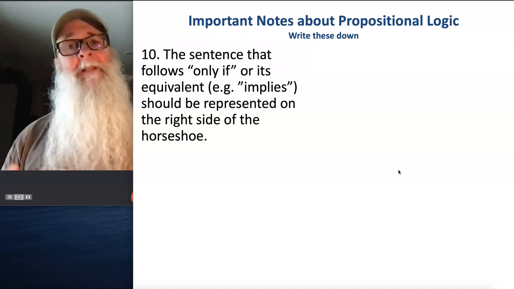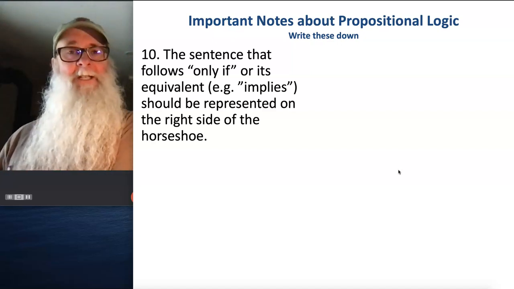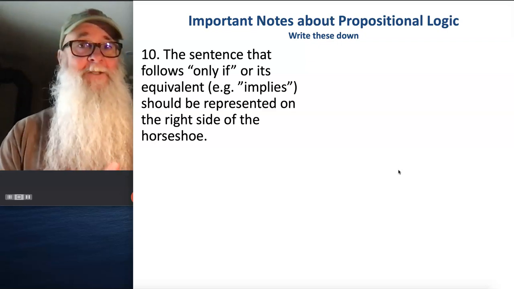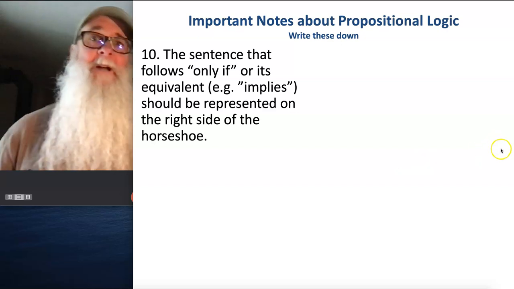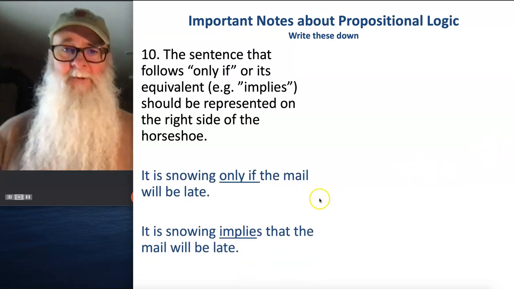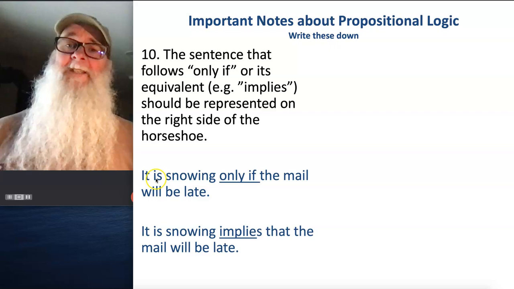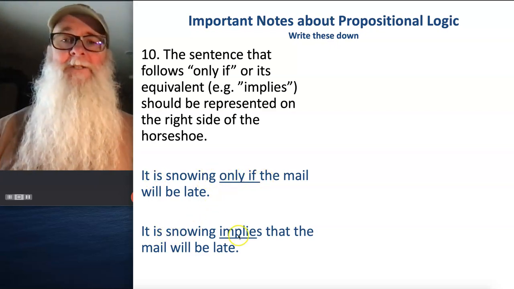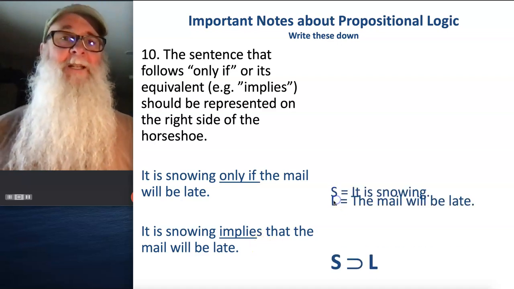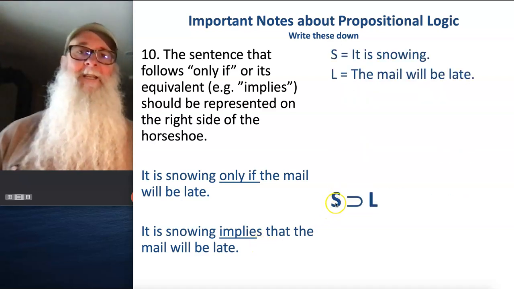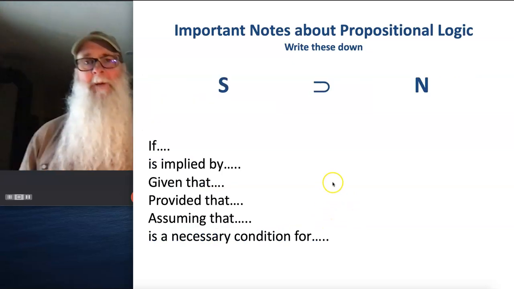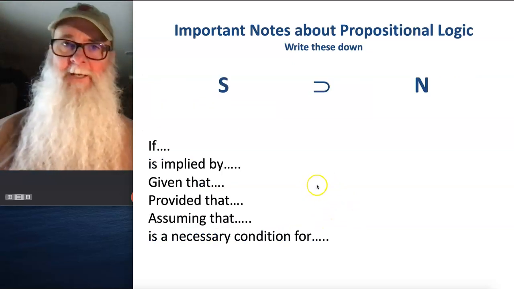So the statement that follows if appears on the left-hand side, but if the sentence doesn't include the word if and has the phrase only if, then you put whatever follows only if on the right-hand side of the horseshoe. So if the statement we're working with is "it is snowing only if the mail is late," or "it is snowing implies that the mail will be late," we're going to represent that statement like this: S, horseshoe, L.